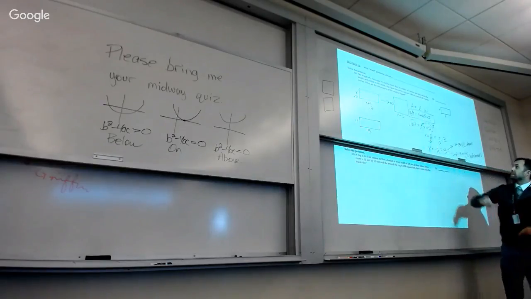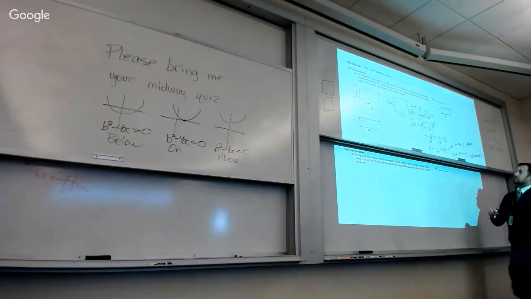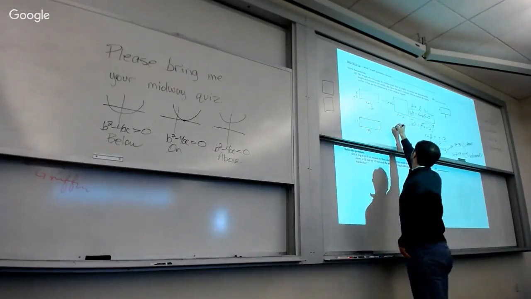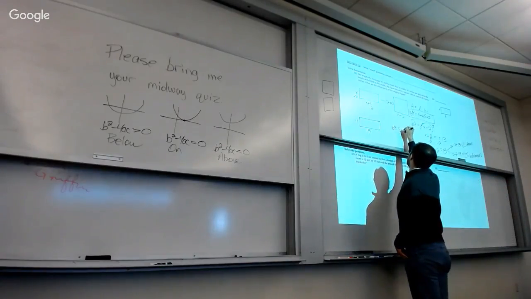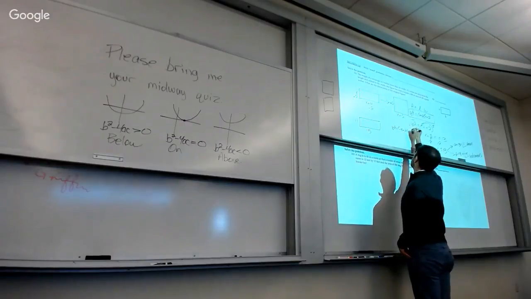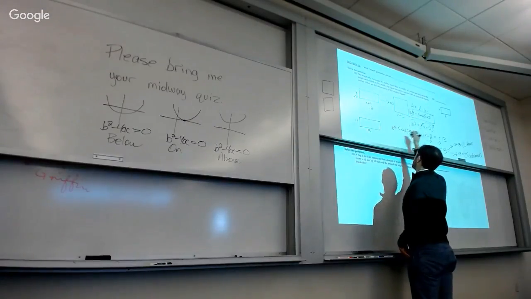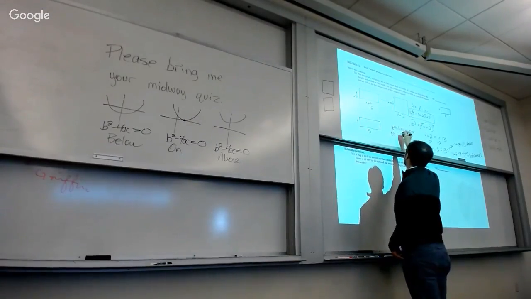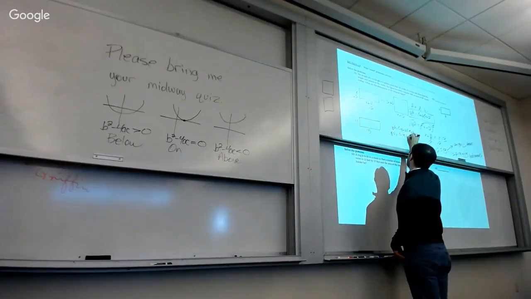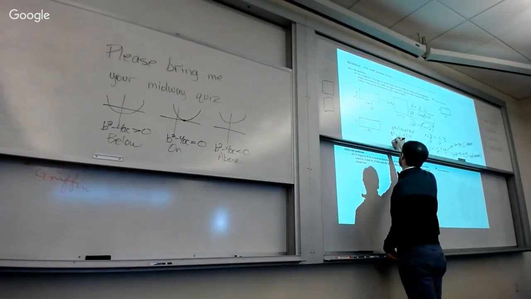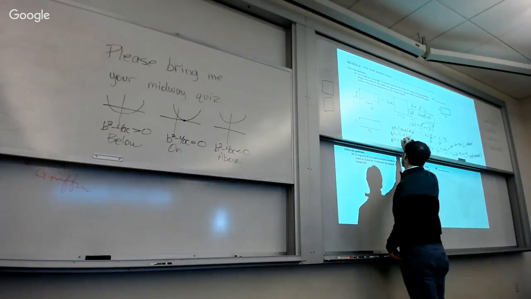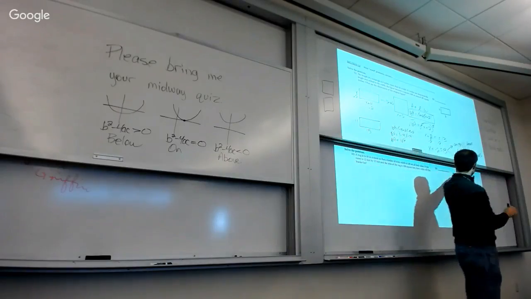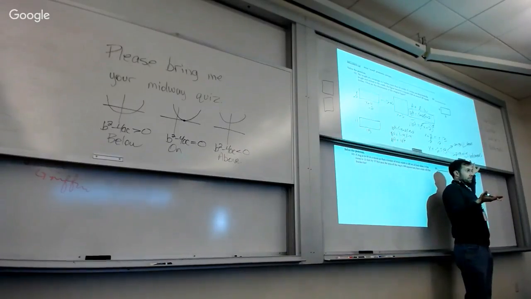If I plug negative 15 into that equation, and I'll just show it right here real quick. If I do 169 equals negative 15 plus 2 times negative 15 plus 2, guess what happens? It's negative 13 times negative 13. And what's negative 13 times negative 13? Positive 169.